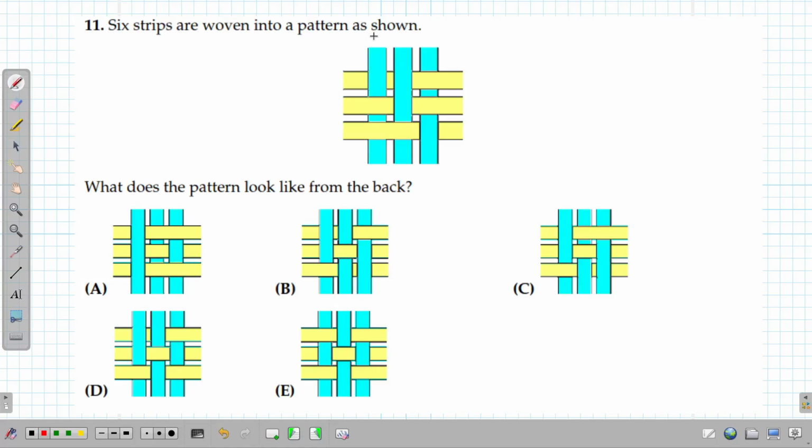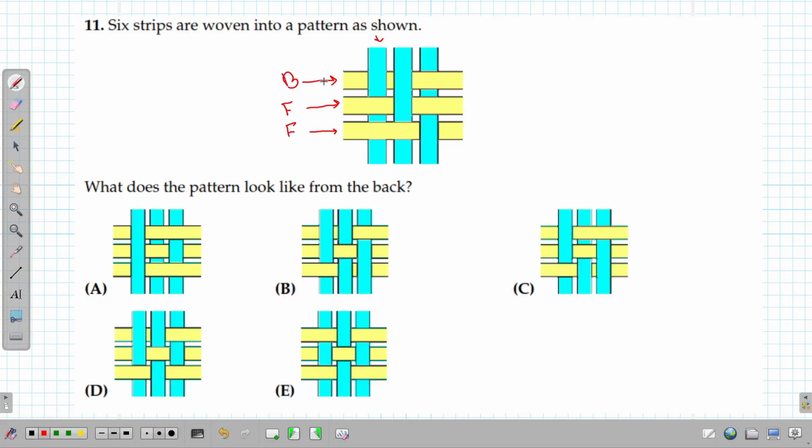If you look over here, we're going to look at this blue strip. The yellow strip is behind the blue strip, so we're going to write a B for back or behind. Here, the yellow strip is in front of the blue strip, so we're going to write an F for front. And again, this yellow strip is in front of this blue strip, so we're going to write an F for front.